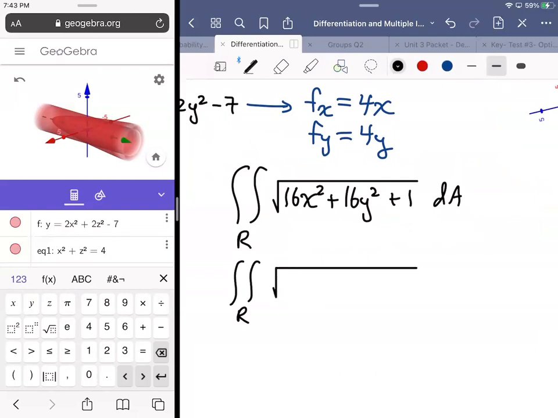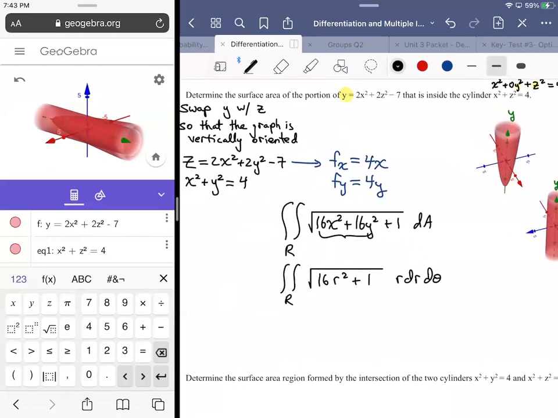All right. So this is going to boil down to the square root of 16 r squared plus 1. The dA is going to become an r dr d theta. And there it is. So now we just need our bounds in terms of r.